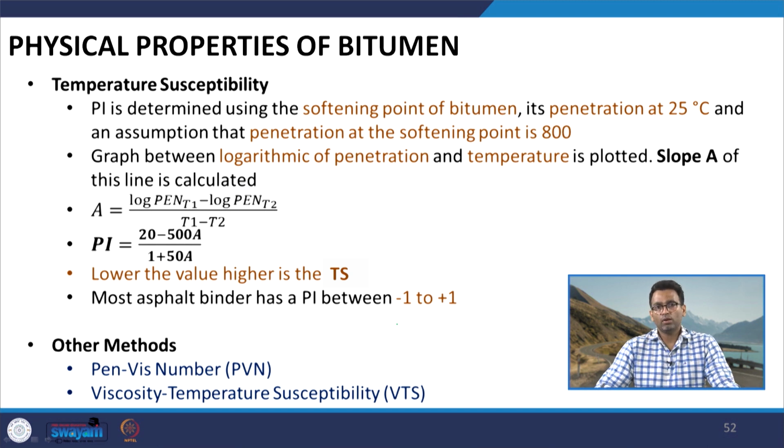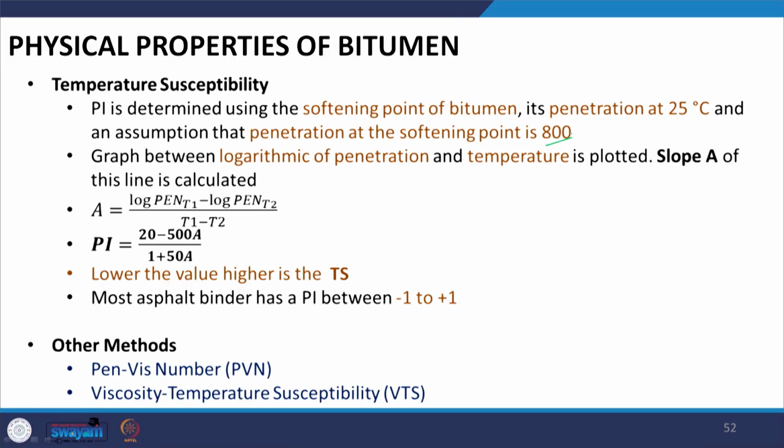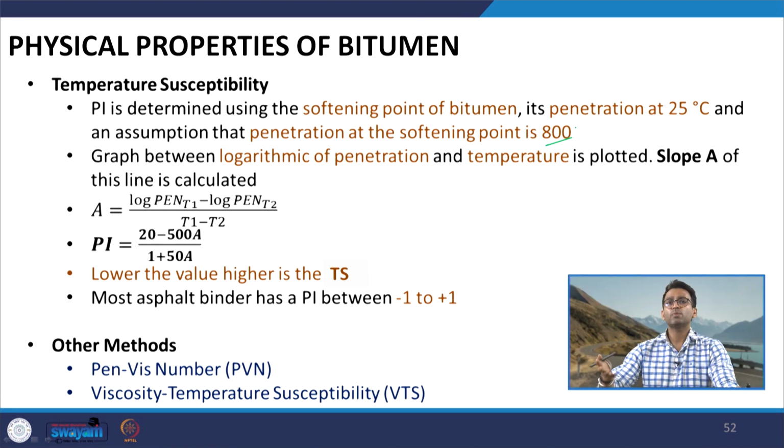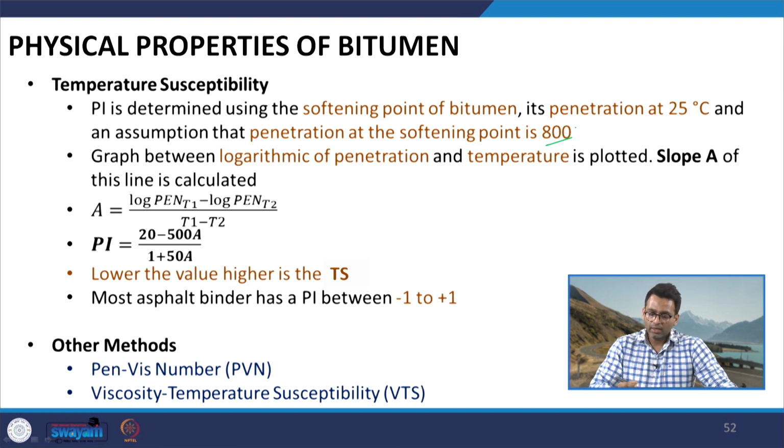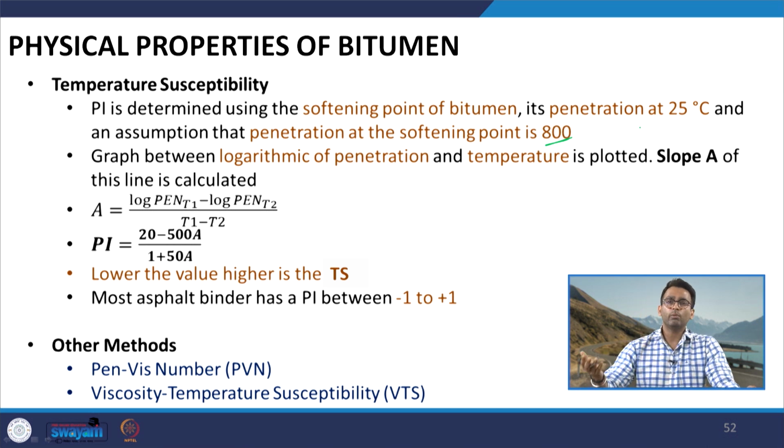An additional assumption which they have taken for assessing the penetration index is that the penetration at the softening point is approximately 800. Now, this may not always be true. Therefore, researchers have suggested that instead of assuming the penetration of the bitumen at softening point as 800, we can also determine the penetration at any other temperature than 25 degrees Celsius.